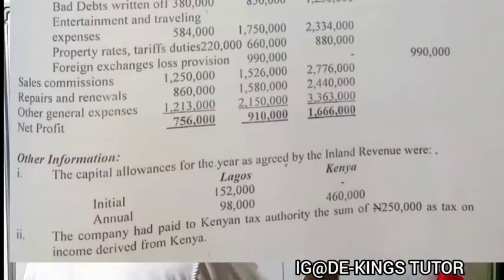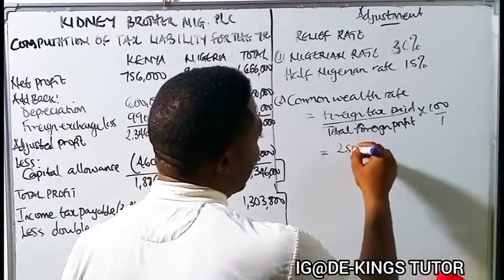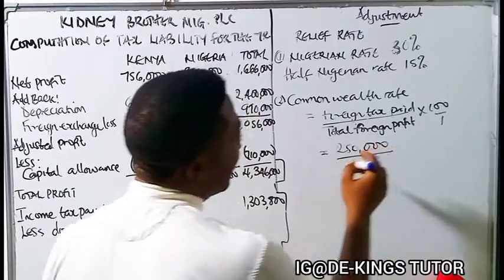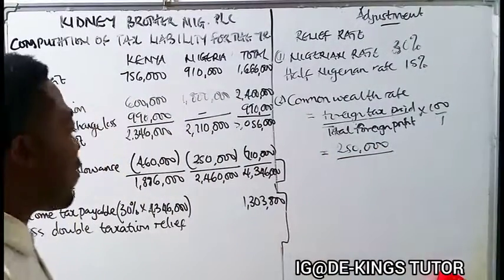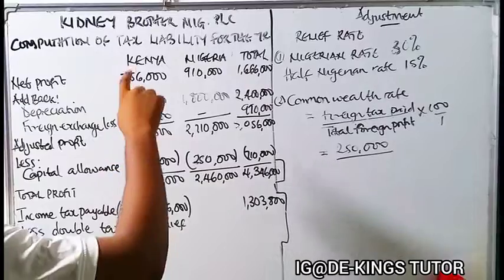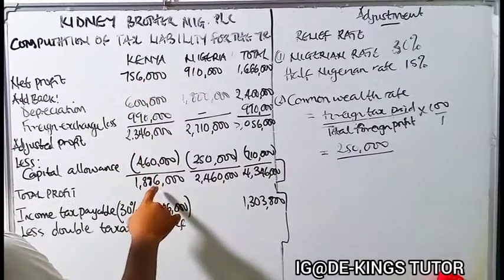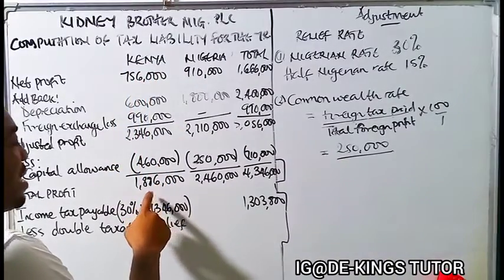Now, foreign tax paid. In the question, remember, they said they've already paid 250,000 from the income derived from Kenya, so that is 250,000 divided by total foreign profit. What is the foreign profit here? That's the profit made in Kenya, which is 1,886,000.